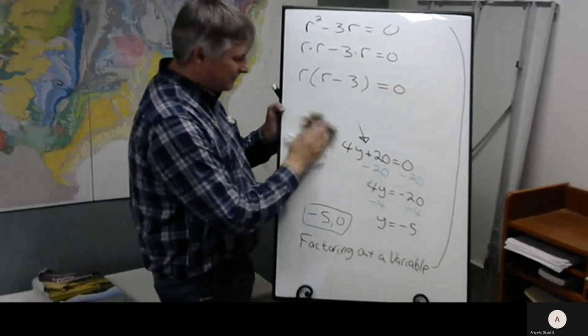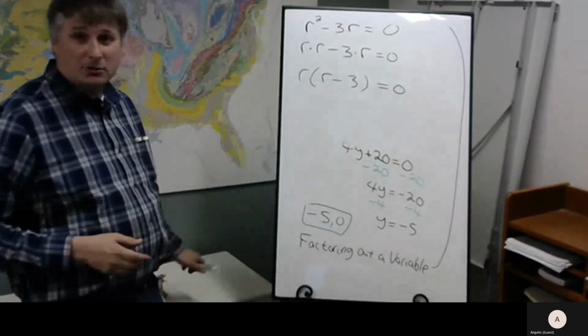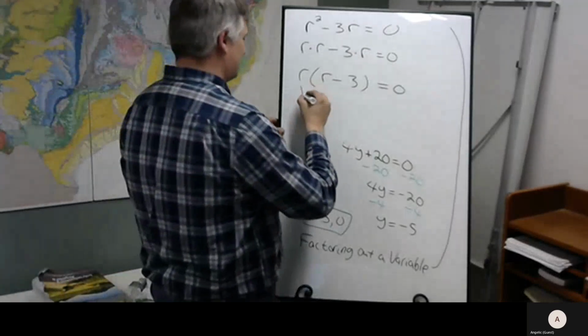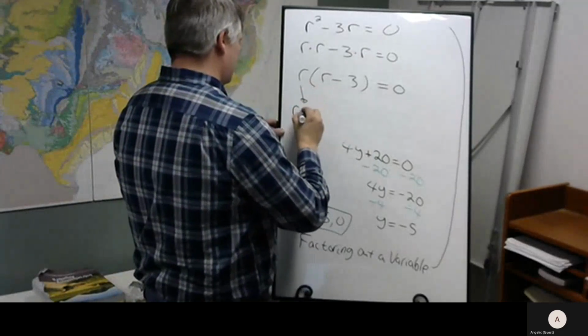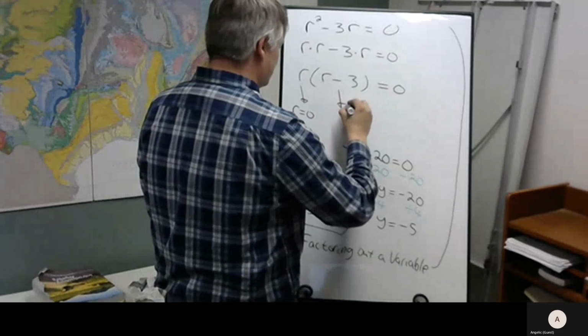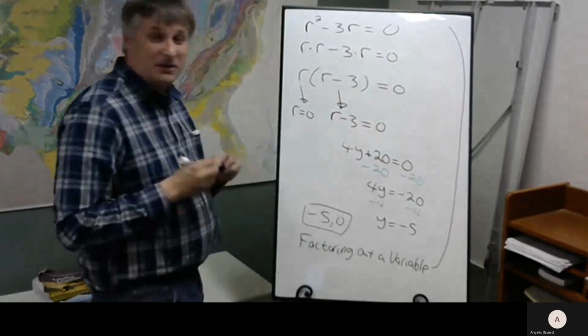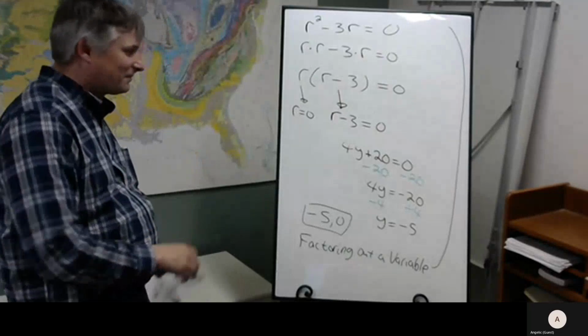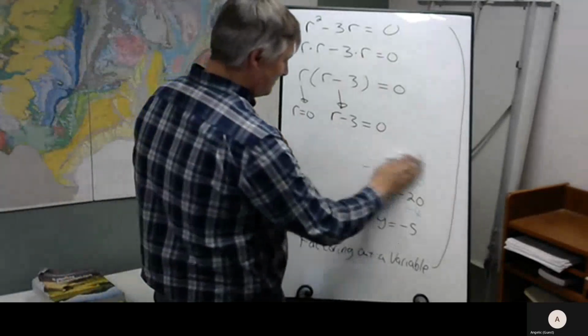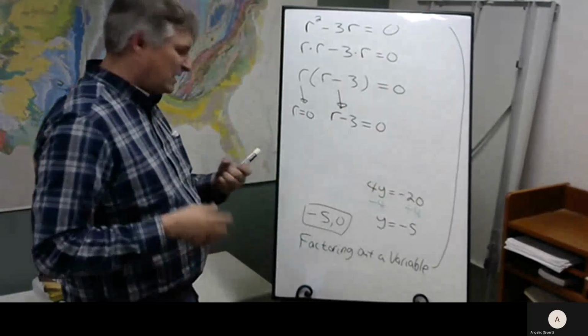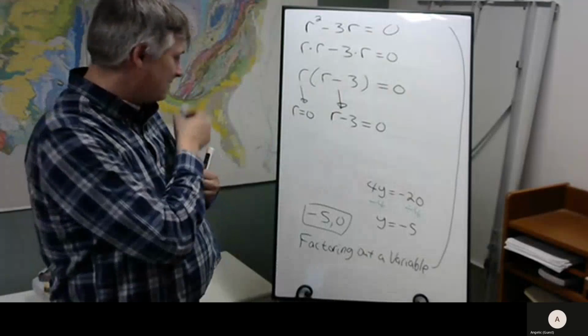And once again, we're going to get two equations. R equals 0 and r minus 3 is equal to 0. And this one, not too much more work to solve it.